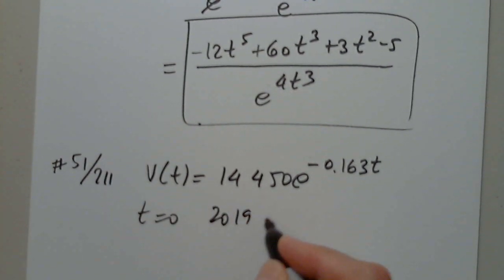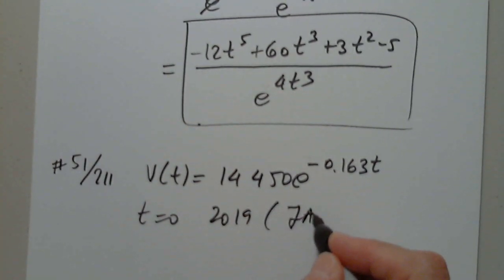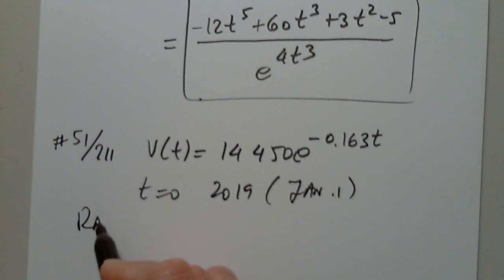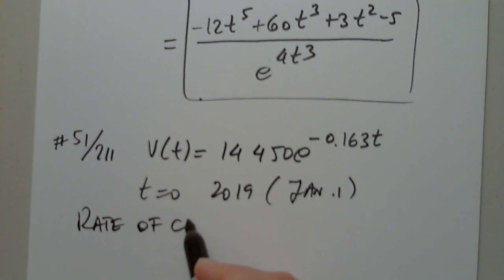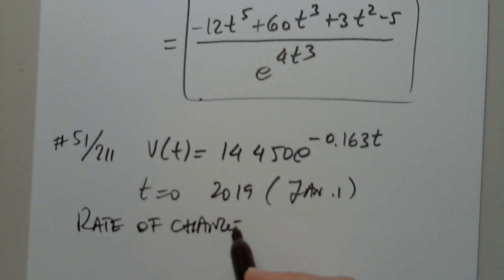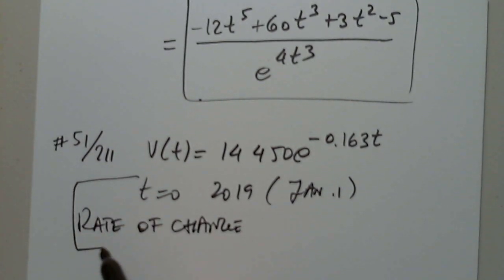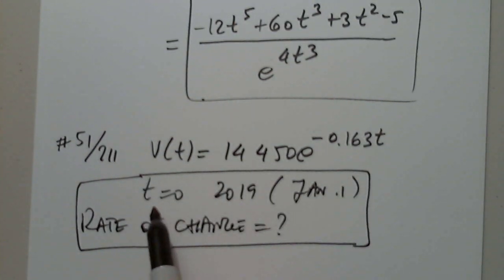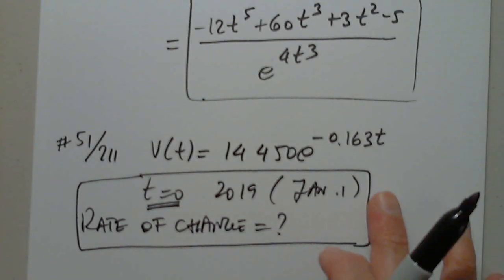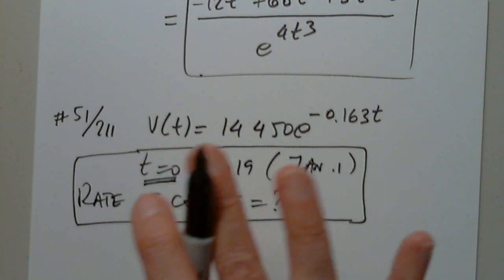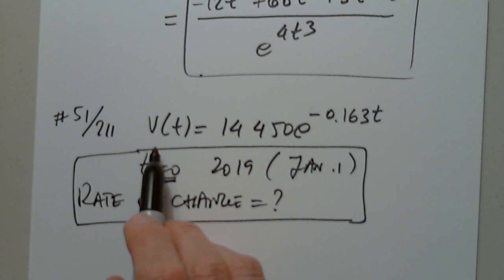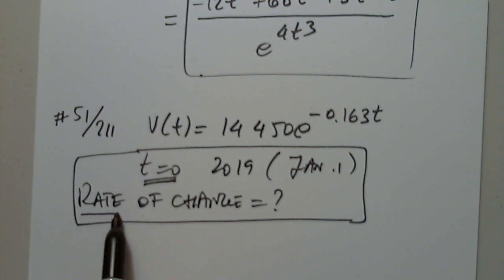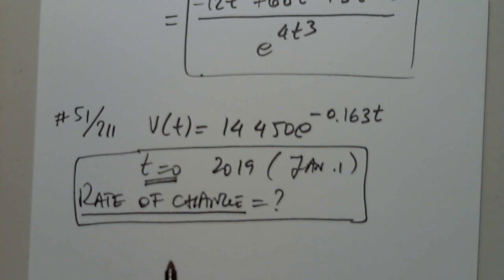They're asking us to find the rate of change at this moment, when t is 0. So I'm not asked to find the value at t equals 0. I'm asked to find the rate of change when t is 0.